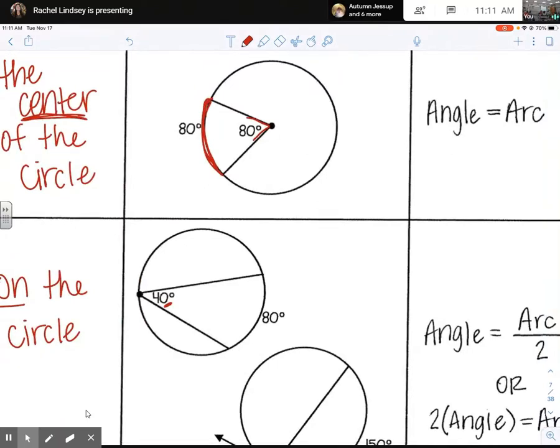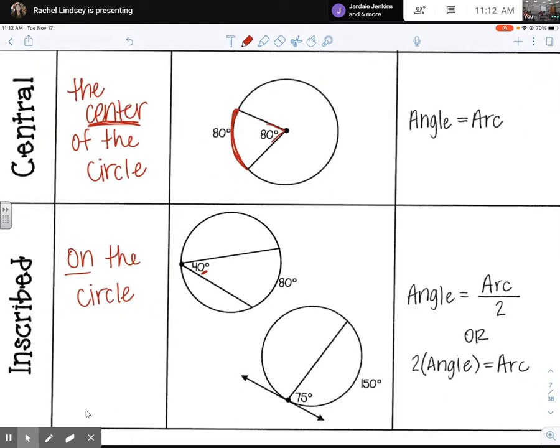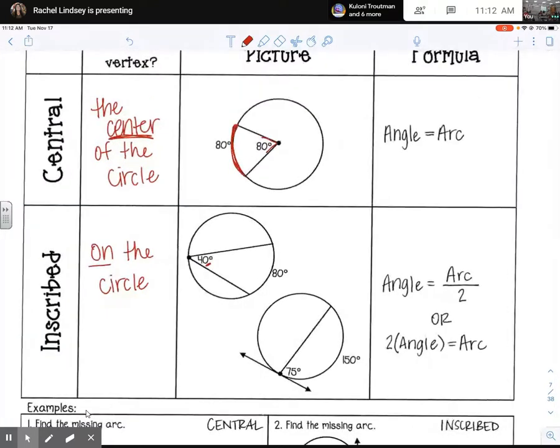So 2 times the angle equals the arc, or the arc divided by 2 equals the angle. 150 divided by 2 is 75. 75 times 2 is 150. So those are your 2 formulas. Central is easy, angle equals arc. Inscribed, angle equals arc divided by 2, or 2 times angle equals arc.